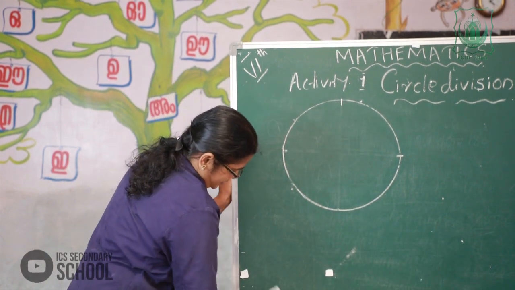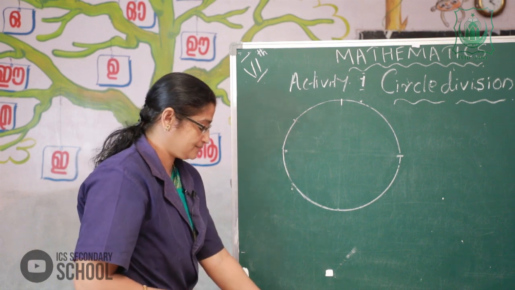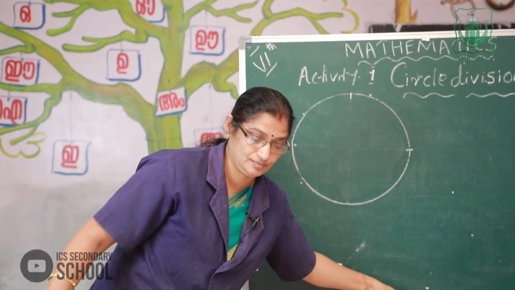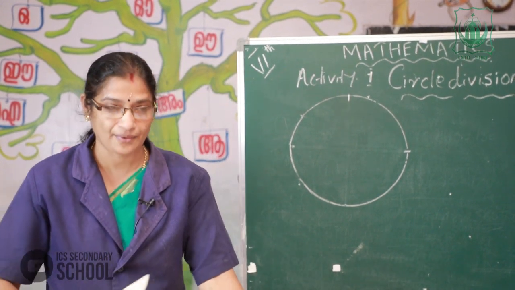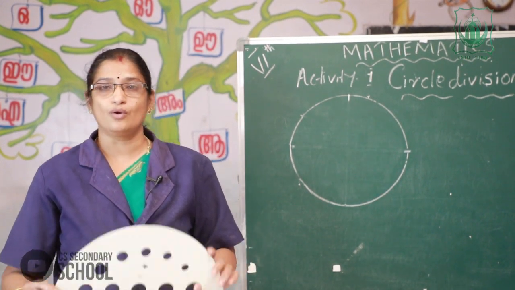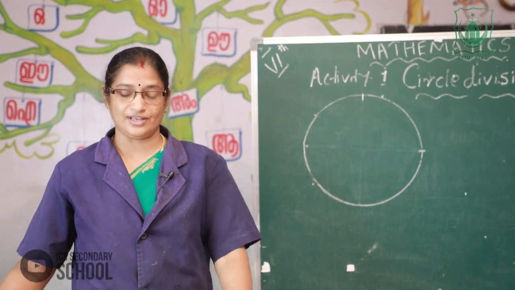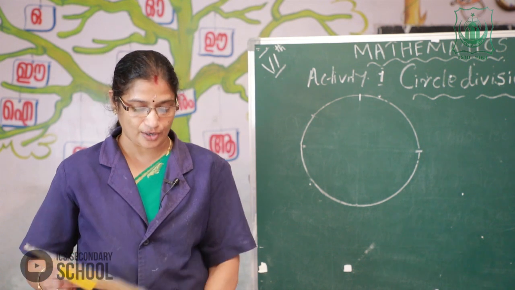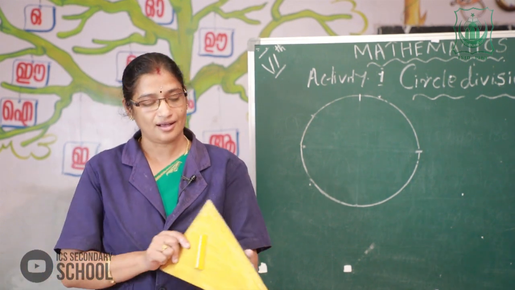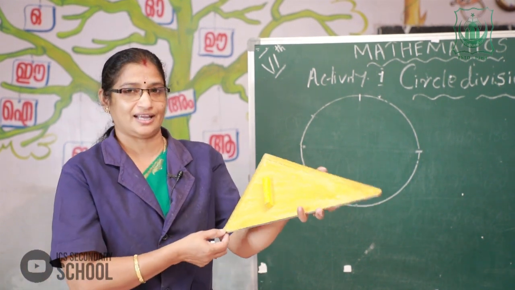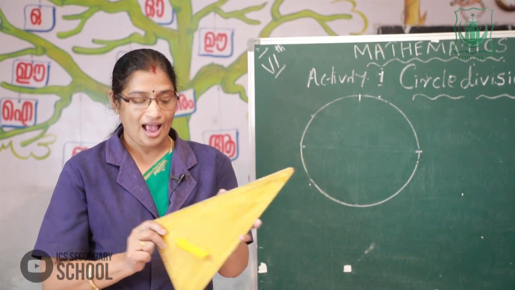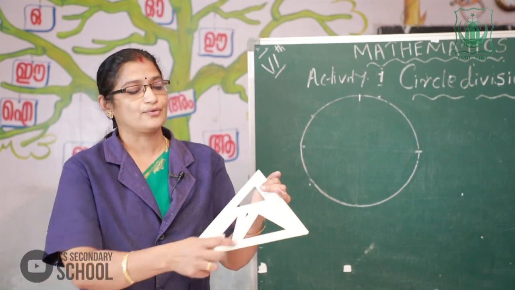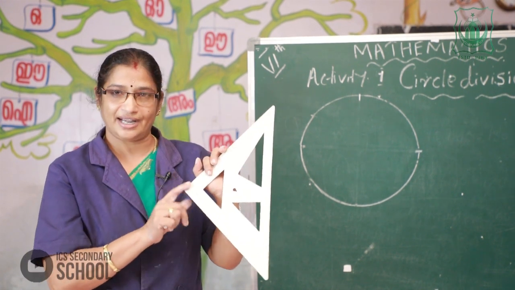Okay, we have divided a circle into 4 equal parts using the set square. We use a pair of set squares: one with 30 degrees, 60 degrees, 90 degrees, and another with 45 degrees and 90 degrees.